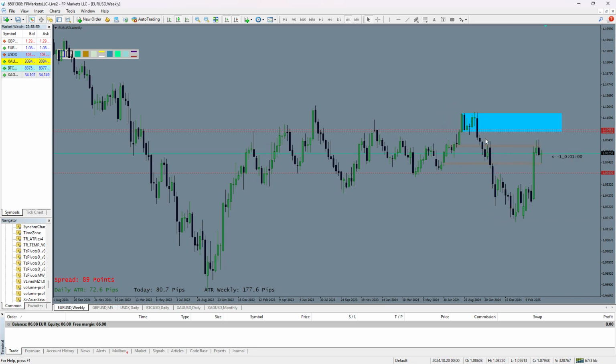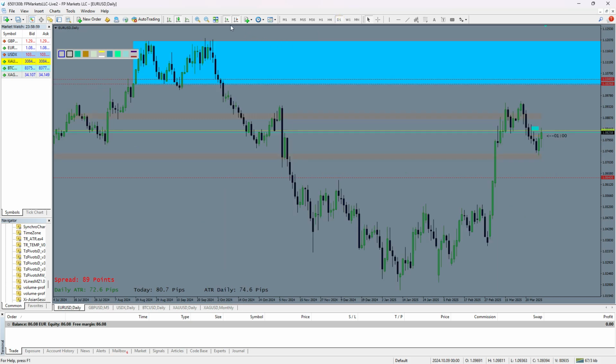On the other hand, if we go to daily, then let's see what we have here. Okay, it was an important high. Then what we had here was a high, a low, a higher high, and then a drop.